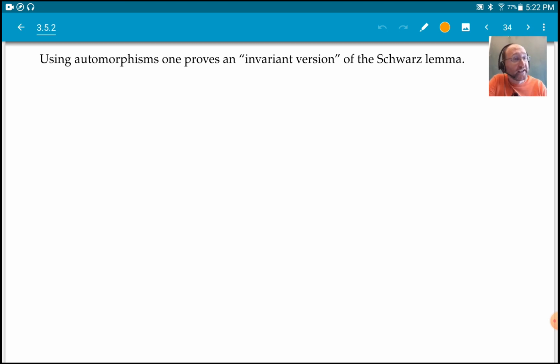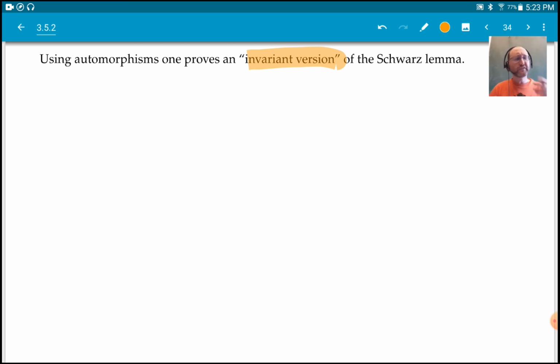All right. Right now another exercise, and I'll state it as a lemma here. In the book, it's stated as an exercise, but there's an invariant version of Schwarz lemma. Schwarz lemma is really about functions that go from 0 to 0, but that's kind of special. You can really take any point to any other point by an automorphism.